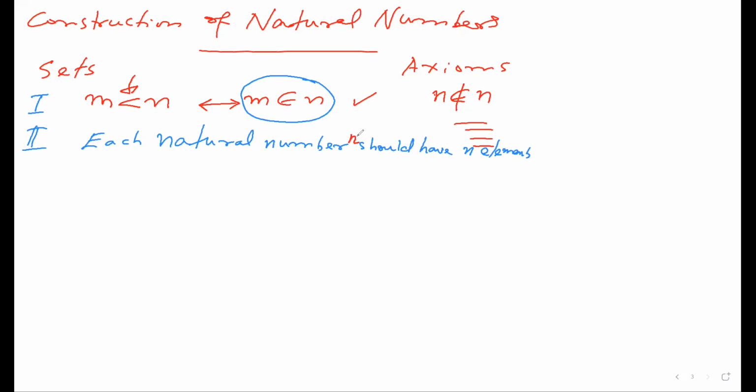Agreed? Not all of them have n elements. The natural number, whatever that is, it's a set.